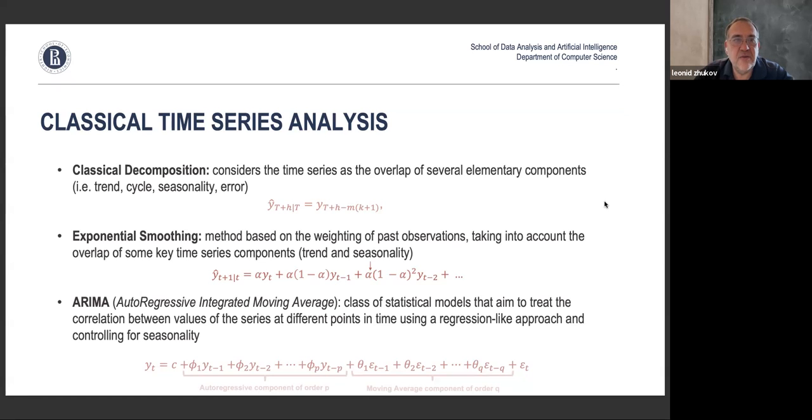But compared to exponential smoothing, here we have different coefficients in front of the y values. And this is the one part. And the second part is this moving average that calculates the error, tries to map the error that we create when we do the prediction.